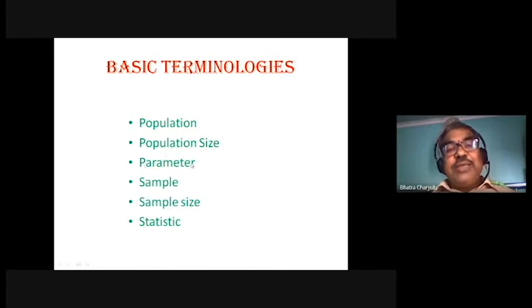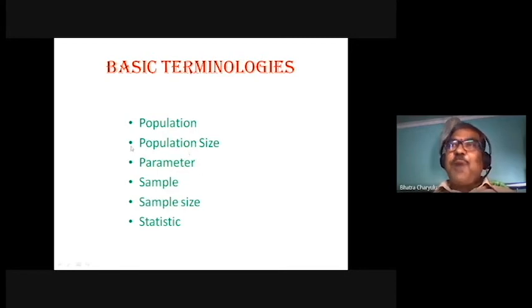And parameter. Parameter is, whatever the population is there, the total information that you have collected on it, and whatever values you are evaluating. Suppose you are taking the marks of the students from the beginning till now, all the students, all the marks that you have gathered, and you are trying to evaluate the average value, that is called one parameter.